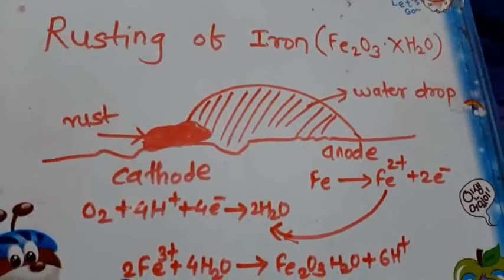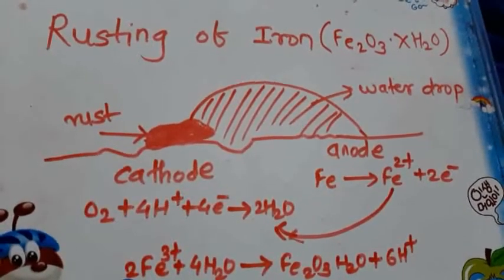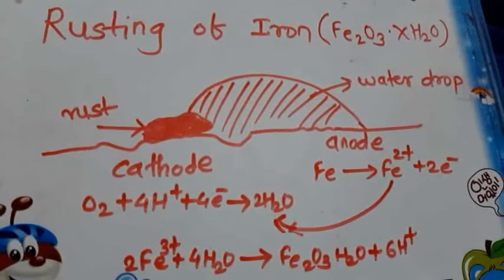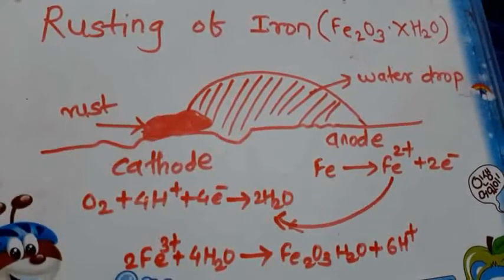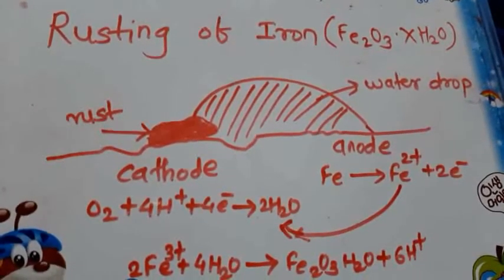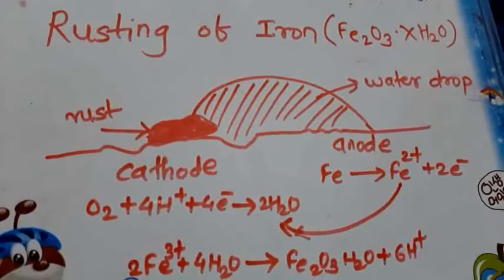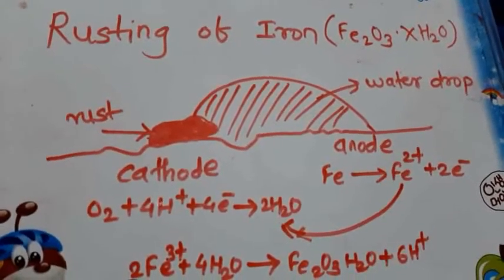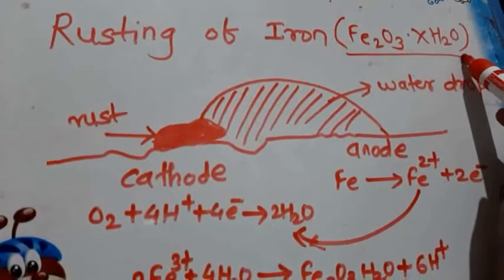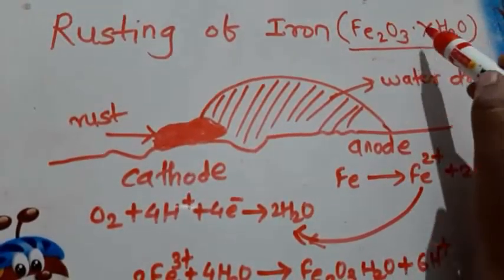So, during corrosion of iron, a reddish colored layer is collected on the surface of the iron object. That process is called rusting, and chemically rust is written with the help of this formula: Fe2O3.xH2O, where x is variable.